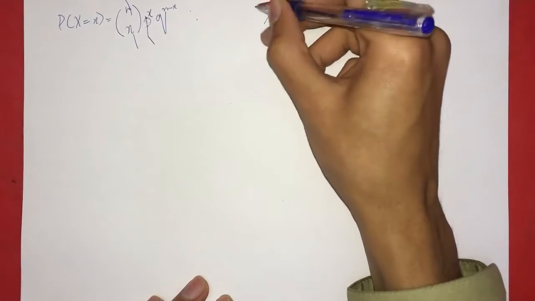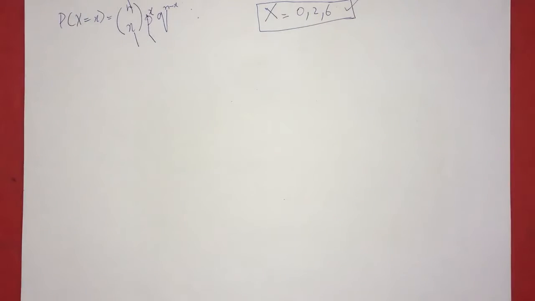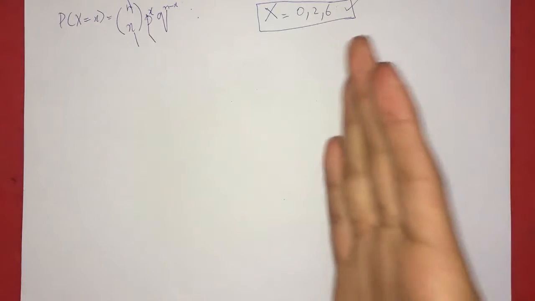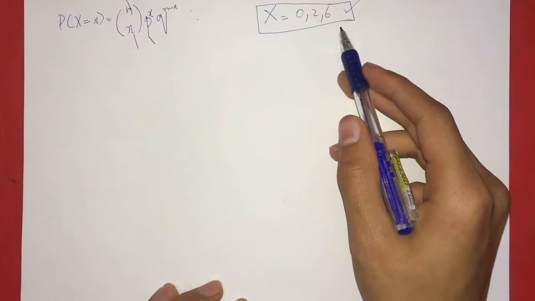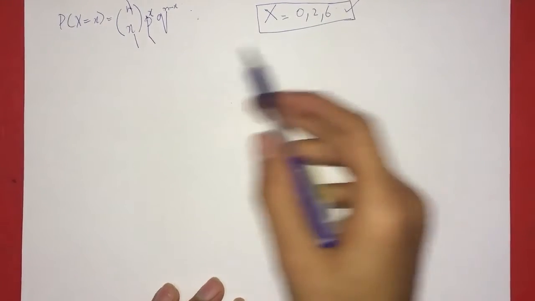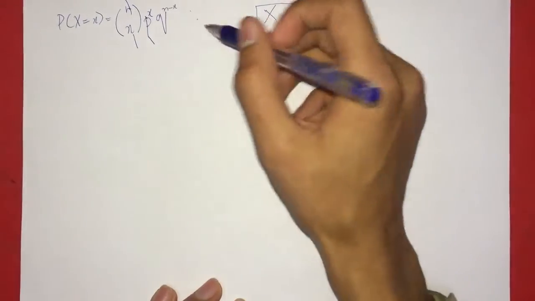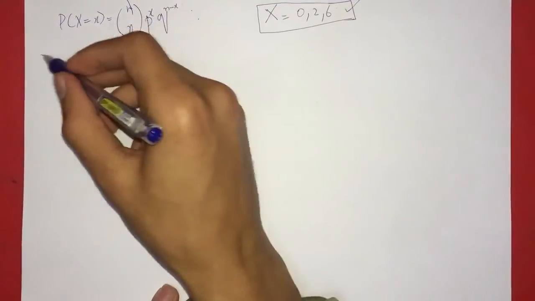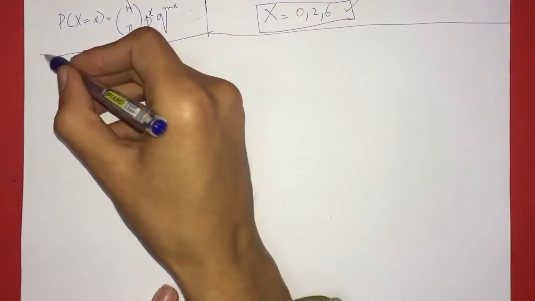So when x assumes these three values individually, you had to find the binomial distribution for each value that capital X assumes. I don't exactly remember the values for the probability and n, so I'm just going to skip this. You can do it by yourself. You just have to plot the values and you'll get a result that will be your binomial distribution for specific values of the random variable.